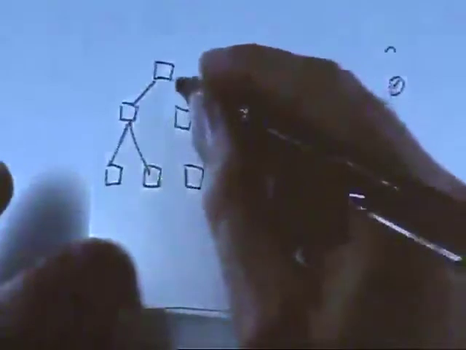So we're starting out with the shape that I drew on the first card. This is a working link that's been turned off by RSTP, and this is a link that's gone away. RSTP will send a proposal.